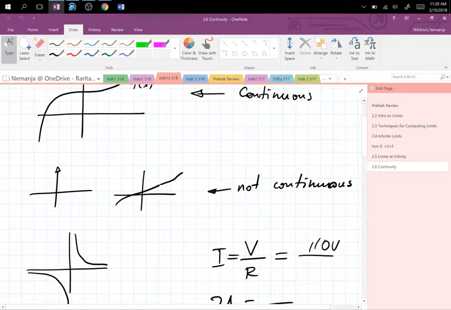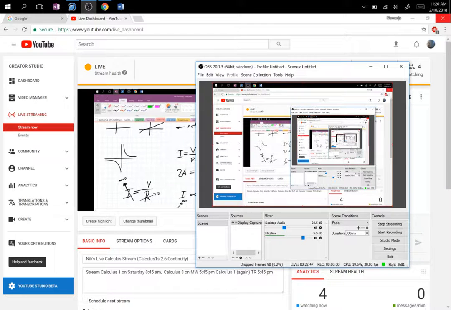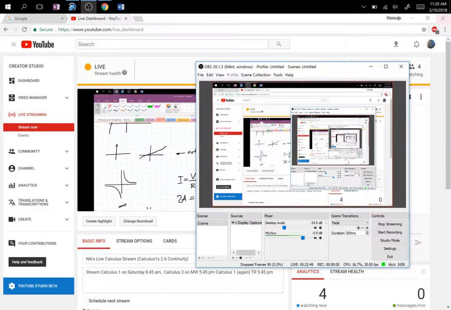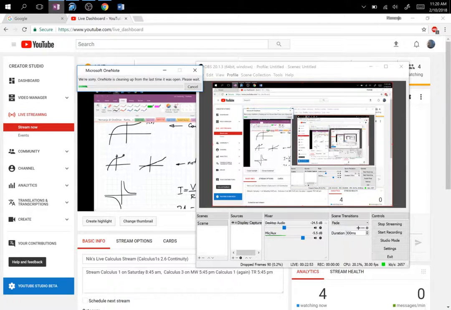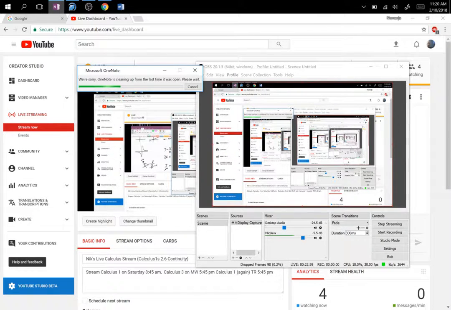Oh, it killed this as well. Great. So I guess restart. Yeah, it does this every time. It seems that this software is permanently broken.